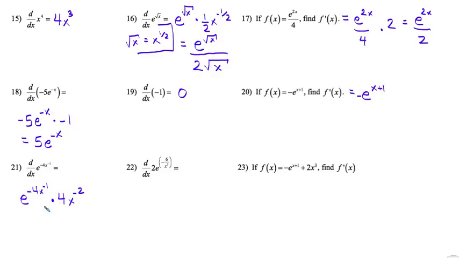So just simplifying this, you squish it all together. You can say that this is 4x to the negative 2 times e to the negative 4x to the negative 1. And you could write this exponential function in the denominator, but I'm going to leave it like this since it gave us a negative power to begin with.